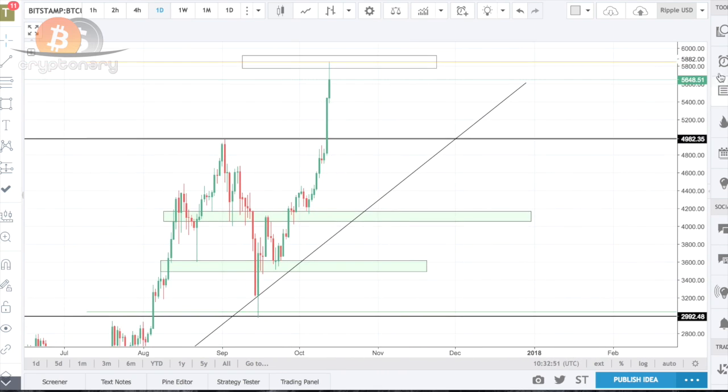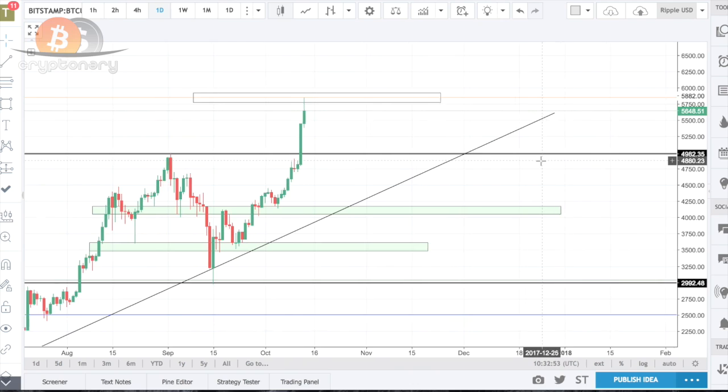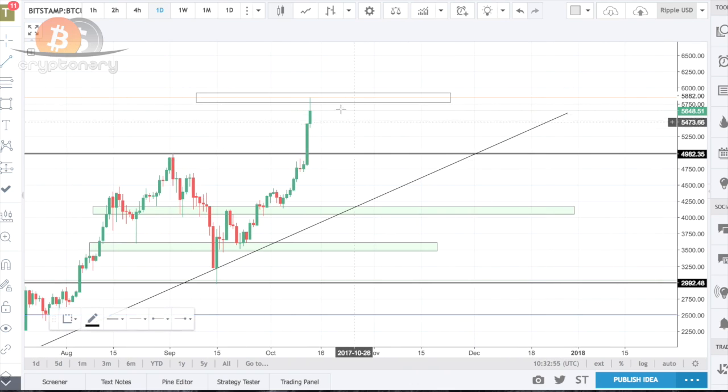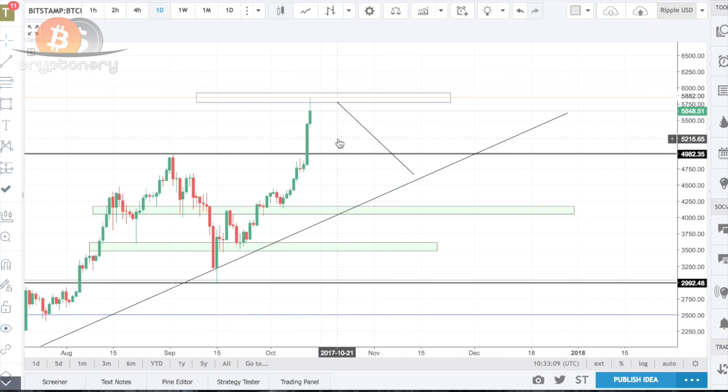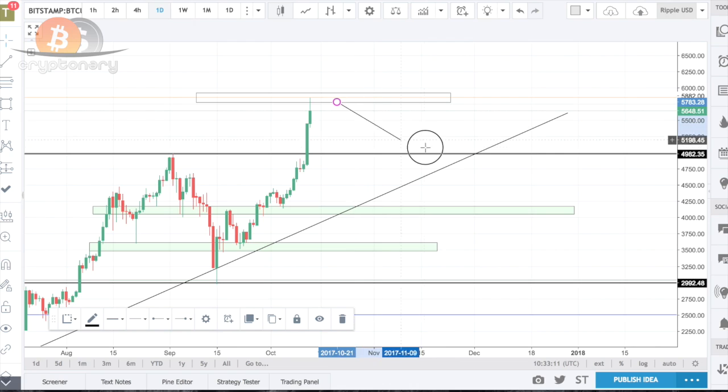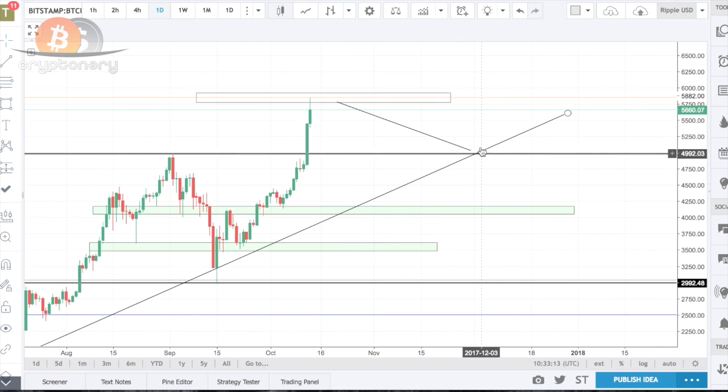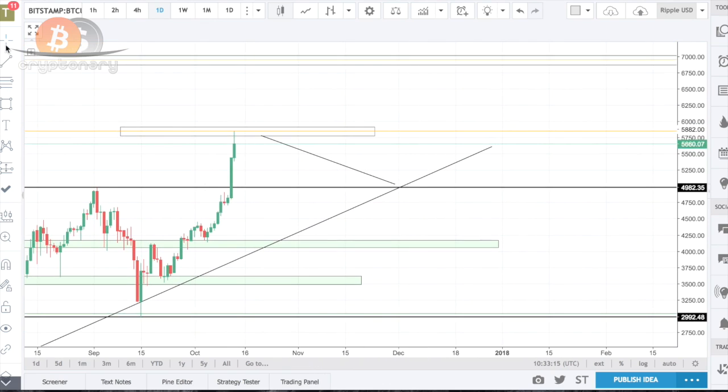So what I can potentially see right now is Bitcoin reversing. We have two options. It could hold here and retest straight upwards, which would correlate with the broken resistance turned support. However, what could happen, we could have some consolidation, and we could actually consolidate all the way to this point here before exploding upwards straight to 7,000.